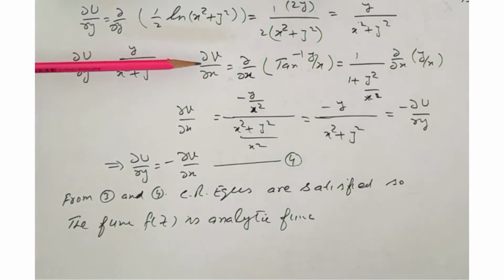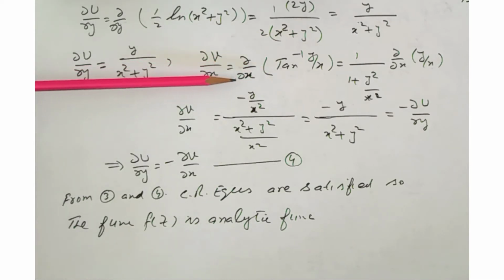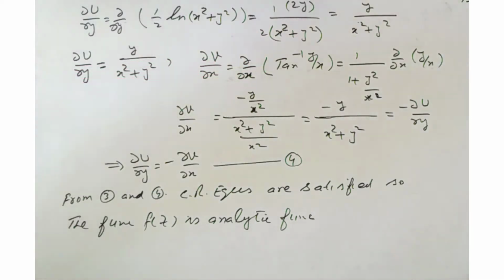Again we differentiate v with respect to x. This is the partial derivative of tan inverse y over x with respect to x. By the definition of the derivative, this is equal to 1 over 1 plus y square over x square into the partial derivative of y by x with respect to x.